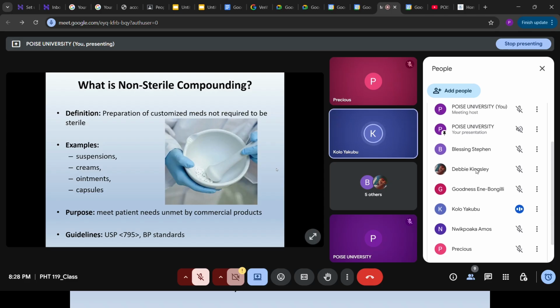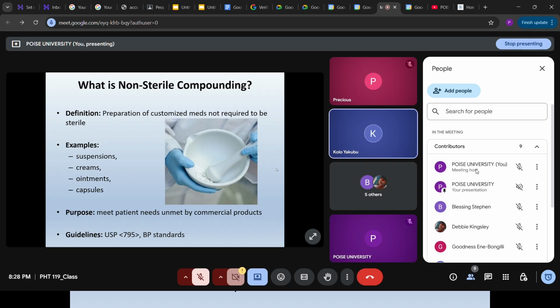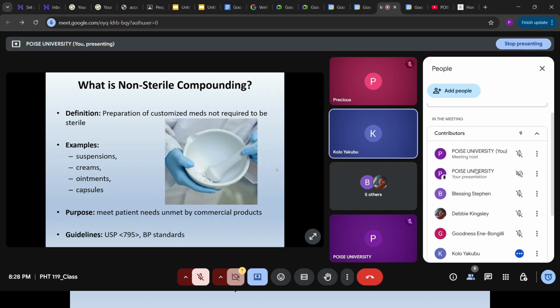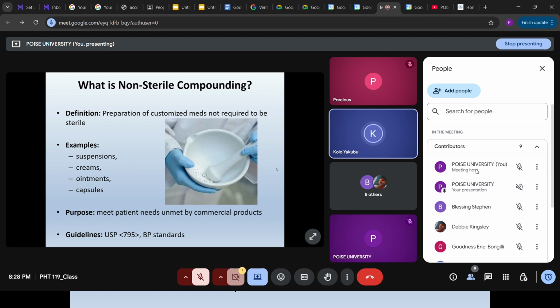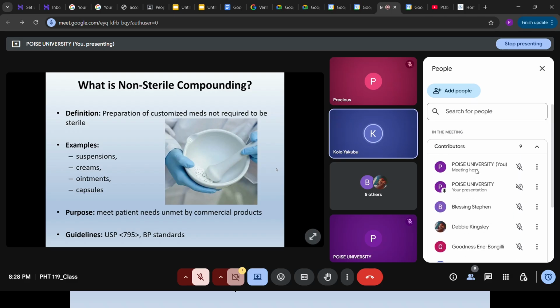I'm hoping that you would have come across that word or have heard about it. So the Pharmacopoeia is like the Bible or Quran for every pharmacist. It spells out everything you need to do to make sure you're doing the compounding or manufacturing according to standards.